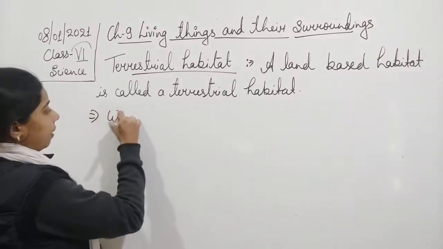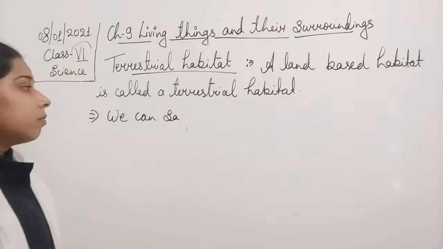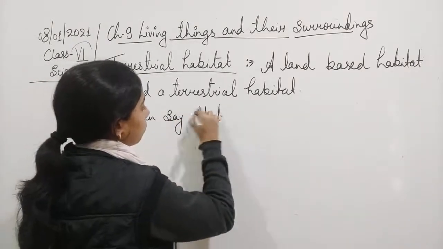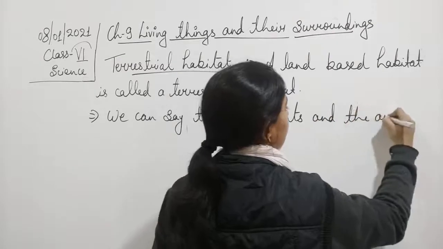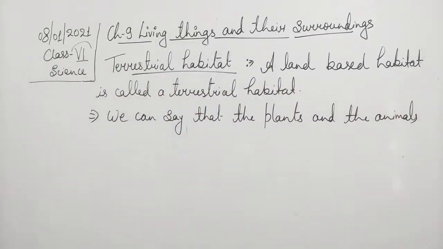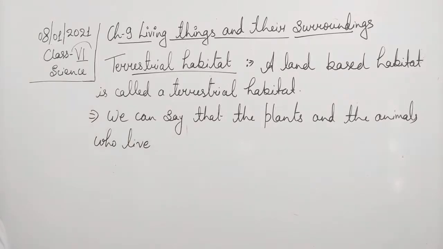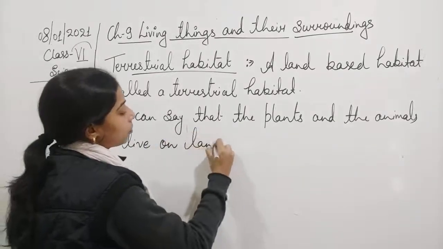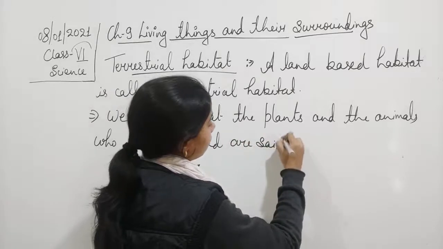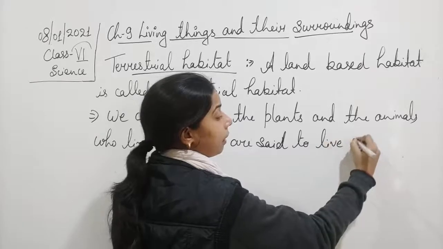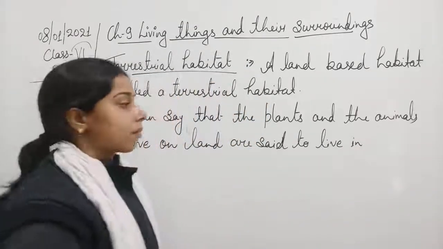So we can say that the plants and the animals who live on land are said to live in terrestrial habitat.